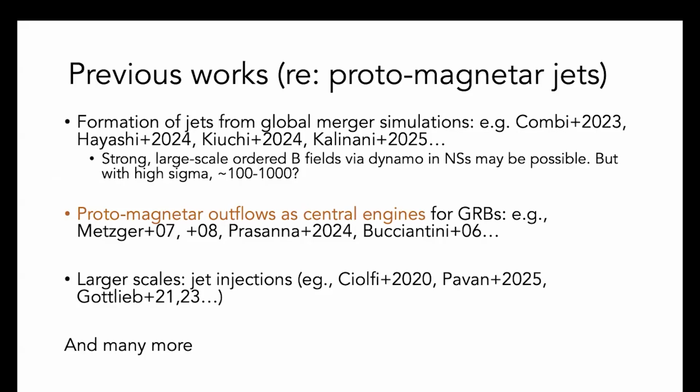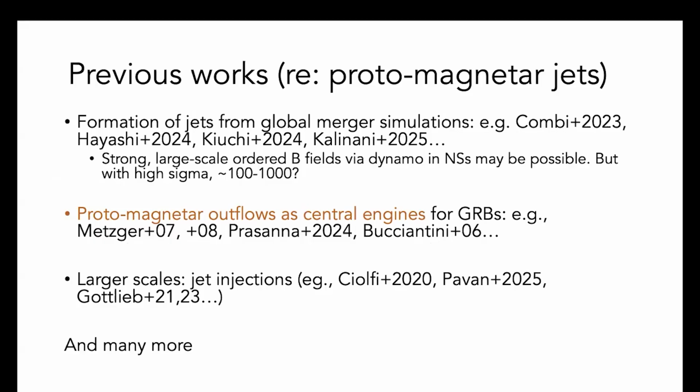But once you have, assuming you have these large-scale magnetic fields, what do the outflow properties look like? And there have been several simplifying toy models that have studied these, or some 2D simulations that have studied these, by my former advisor, Brian Metzger, or another set of 2D simulations by Bucciantini, and more recently by Prasanna.